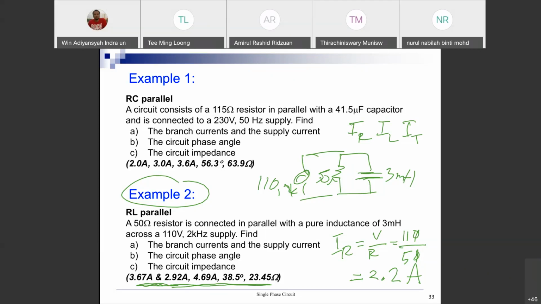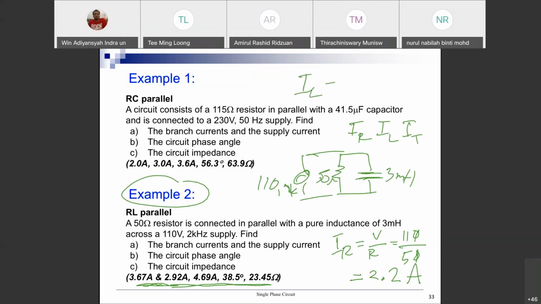So if the IR is different, that means what will be affected is the circuit phase angle and circuit impedance. As for IL, it will not be affected by R, right?